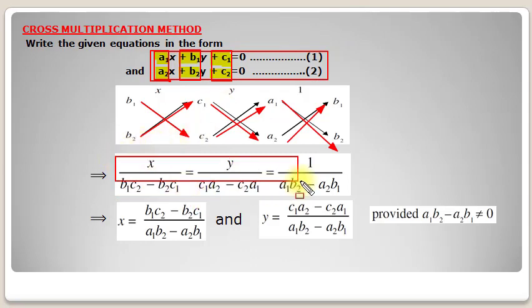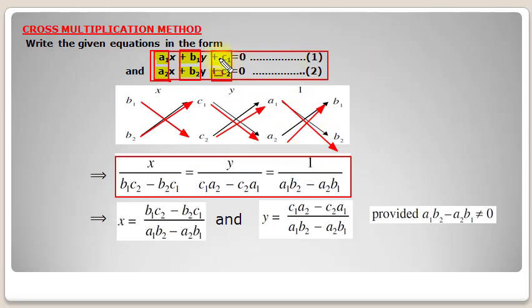But if we are not able to remember, or don't want to remember this formula for solving a pair of linear equations by the cross multiplication method, we can write in this particular format and, without remembering, make the formula: x upon b1 c2 minus b2 c1, y upon c1 a2 minus c2 a1, then 1 upon a1 b2 minus a2 b1.